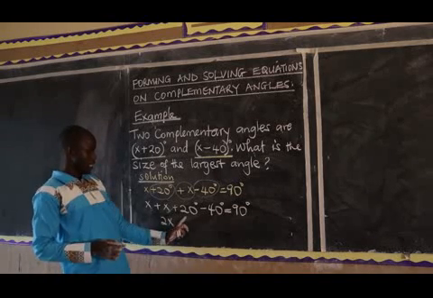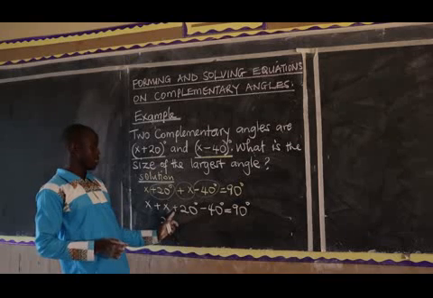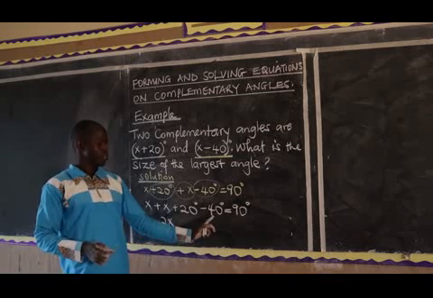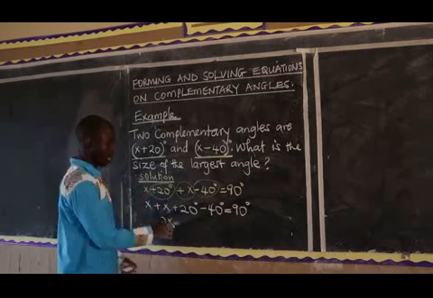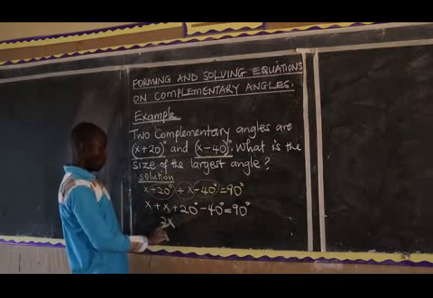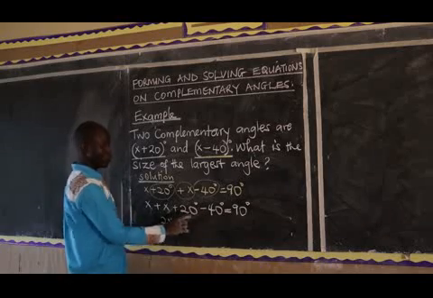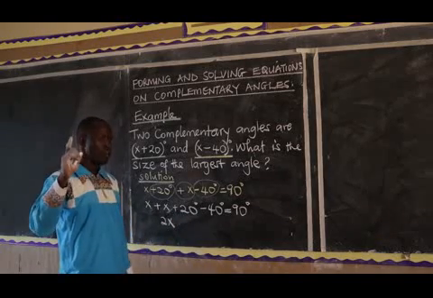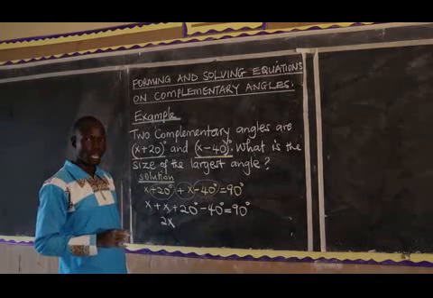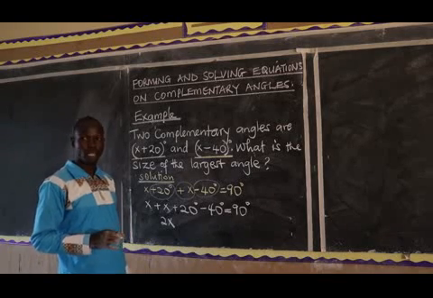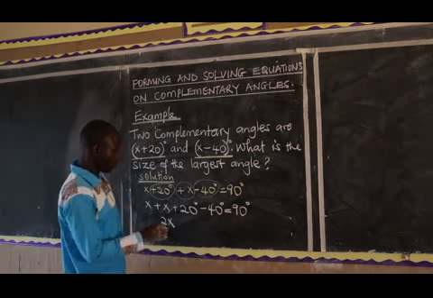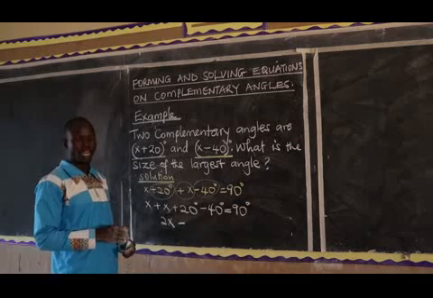This number 20 degrees has a positive. This number 40 degrees has a negative. Now, we write the sign. Since the signs are different, we write the sign of the bigger number. And the sign on the bigger number, in this case, is a negative. Good. So we write a negative.